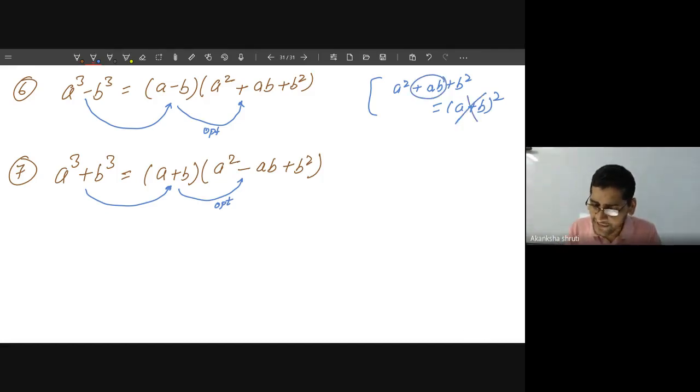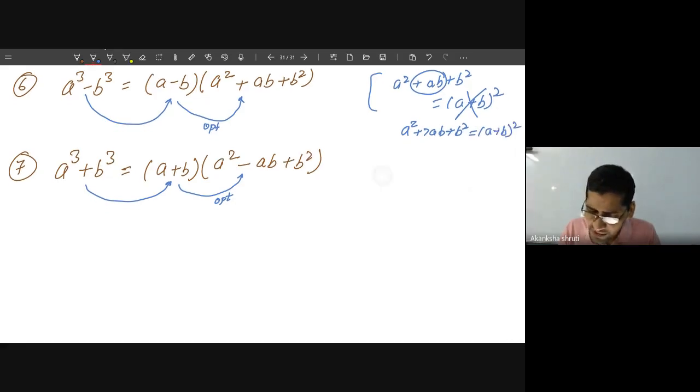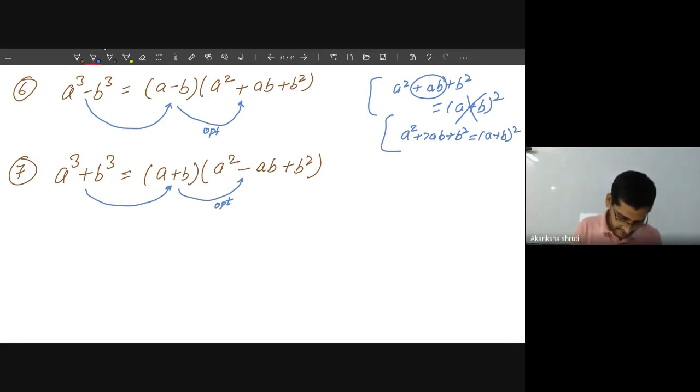So never write like this. Because for a plus b whole square, we need a square plus 2ab plus b square. This is equal to a plus b whole square. Okay, students? So these are the common things that you have to keep in mind. These two identities are very important.